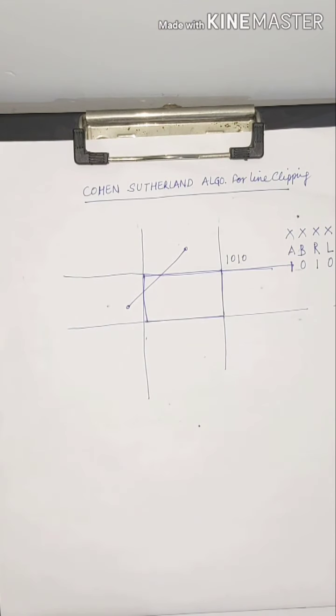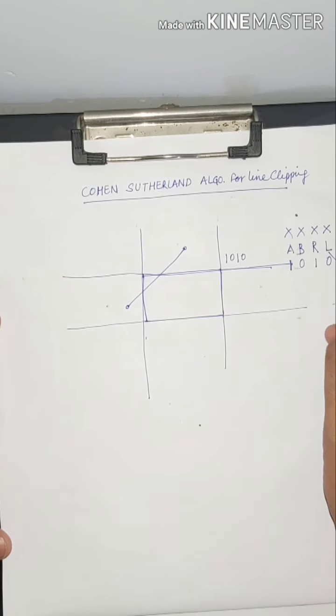When you are writing a program for it, it is quite easy to find the values. The left bit will be 1 if the x coordinate of any point is less than or equal to x min.